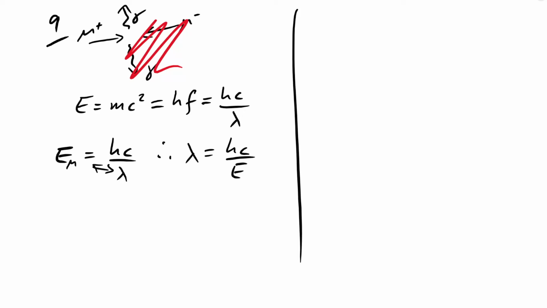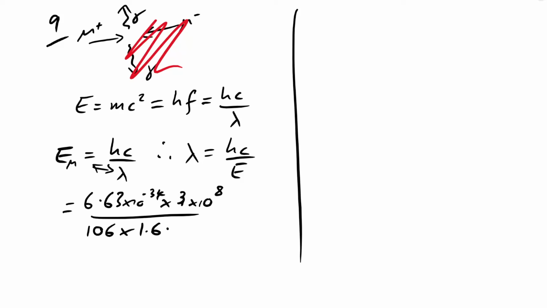I'm just going to call it E. So that's equal to 6.63 times 10 to the minus 34, Planck's constant, times 3 times 10 to the 8, we've done this before, divided by, well, we can see that the rest energy of a muon is, I'm just going to say 106 mega electron volts, times by 1.6 times 10 to the minus 13 if it's mega electron volts. Can I tidy up powers of 10?